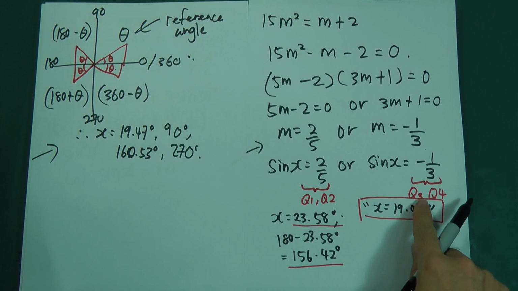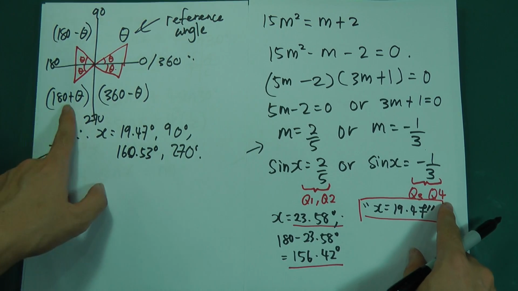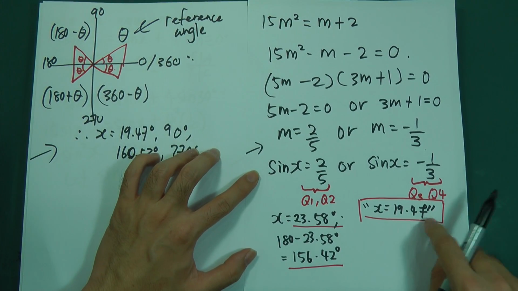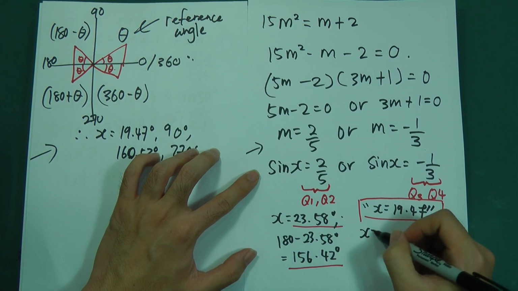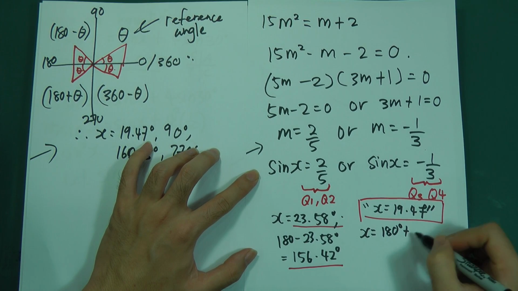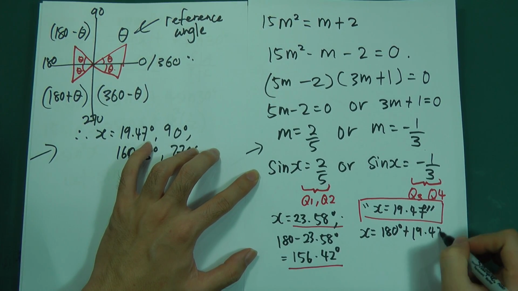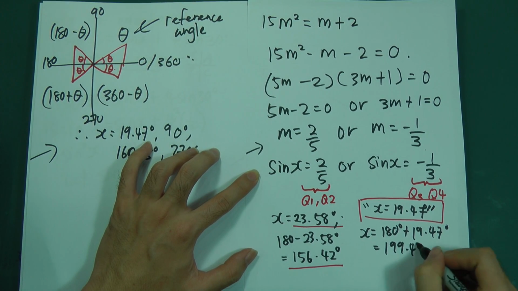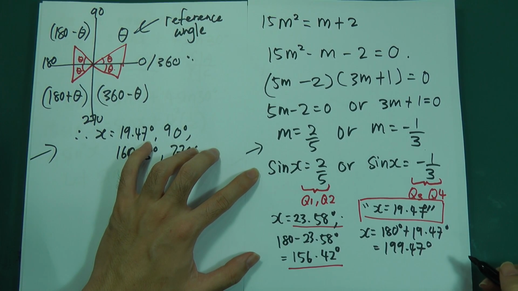Since it is negative, you are in the third quadrant and the fourth quadrant, right? The third quadrant is called what? 180 plus the angle. So it's 180 plus this one, we get x equals to 180 plus 19.47. The answer in the third quadrant is 199.47. Okay, we got the first one.